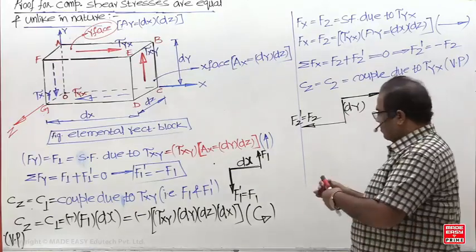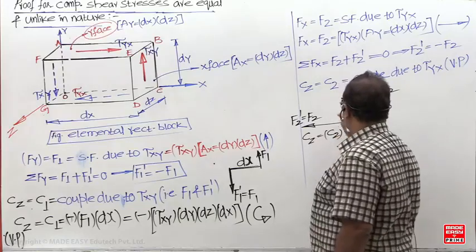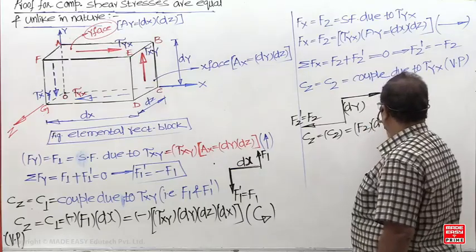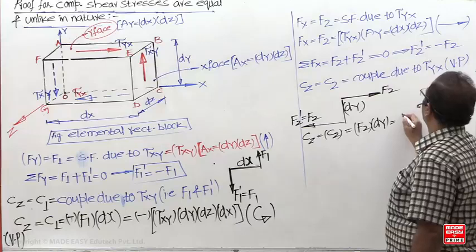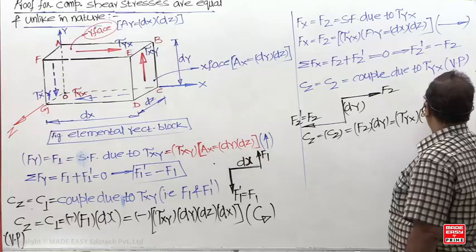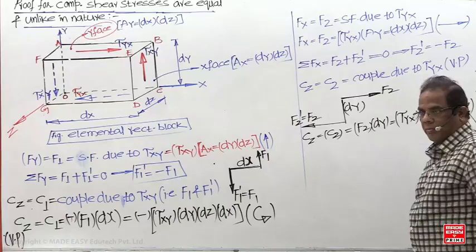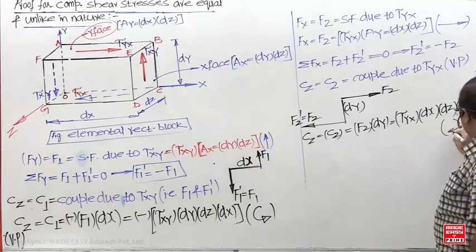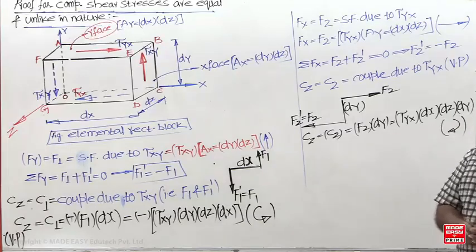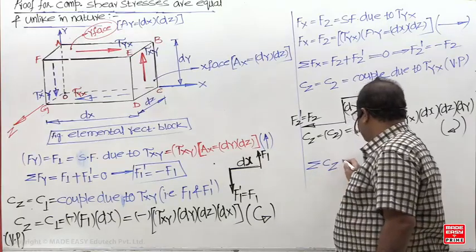So how to get this couple value? C2, this couple is positive, is equal to F2 into dy. Now this is in the vertical plane, but in which direction? Clockwise. Now finally the sum of the couples should be 0, for the static equilibrium equation.